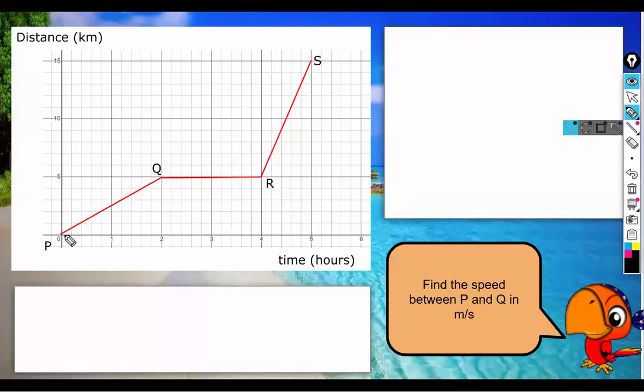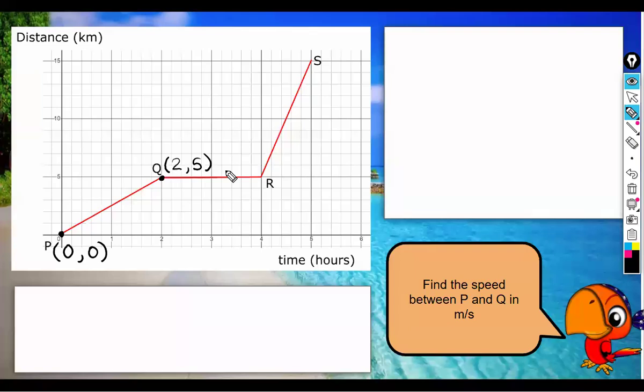All right, let's see. So it's between P and Q, right? P is the origin. P is 0, 0. And if you look at Q, Q is how much on the x? 2. And how much on the y? 5. Everybody, at least have those values correct?